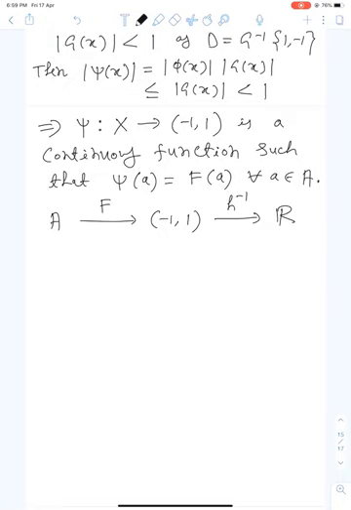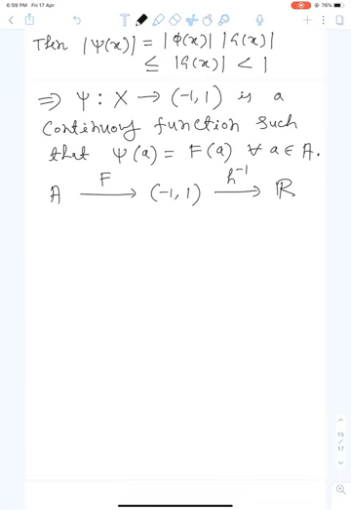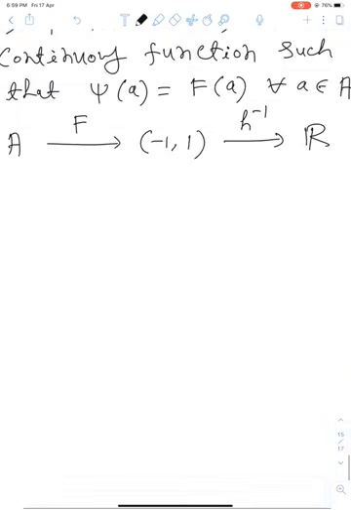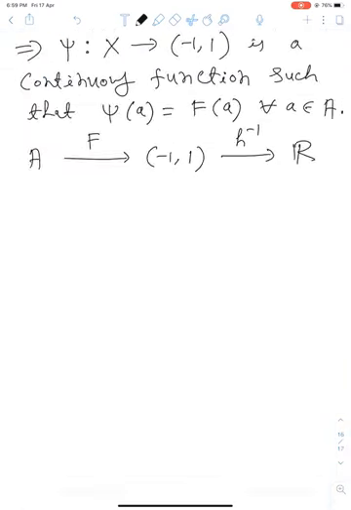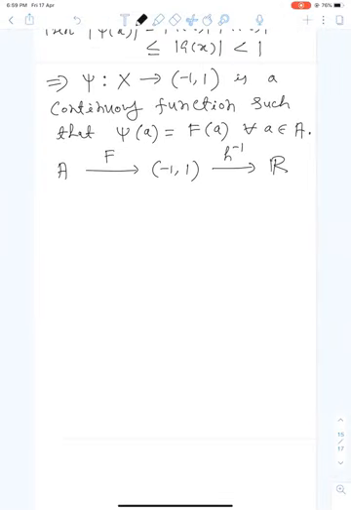So here it is H inverse. And also what is my psi? So here X to (-1, 1). So that is my psi and that is my H inverse.